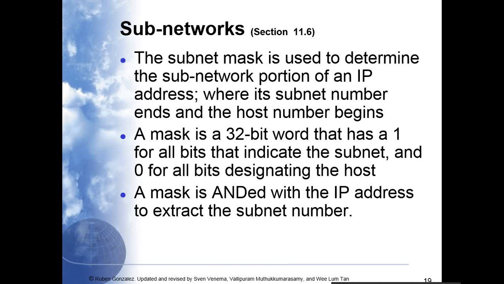So a mask is a 32-bit word for our purposes that has a 1 for all the bits that indicate the subnet and a 0 for all the bits that designate the host. Okay, so I'll show you some examples in a minute, but basically you're going to use a big long string of 1s and 0s, and the 1s will show us where the network is and the 0s will show us where the machine is. Okay, so the mask is ANDed with the IP address to get the subnet number.